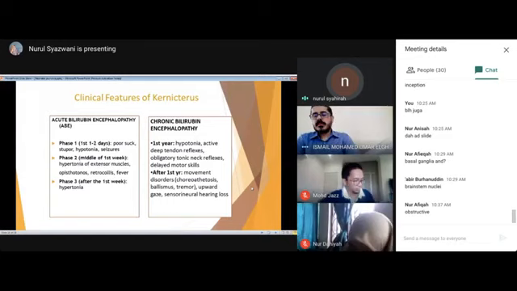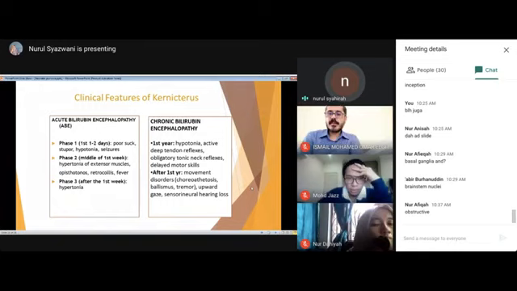In the middle phase 2, the baby may have hypertonia of the extensor muscles, opisthotonus, retrocollis, and fever. And phase 3, after the first week, the baby may present with hypotonia.